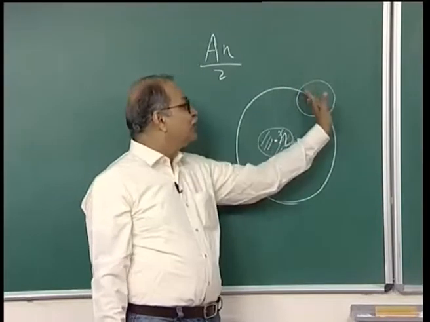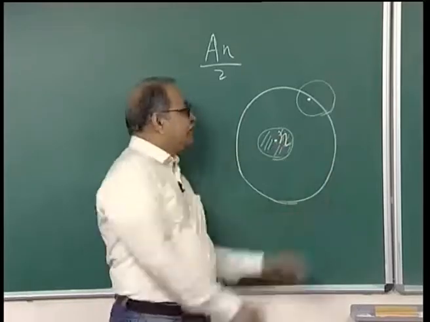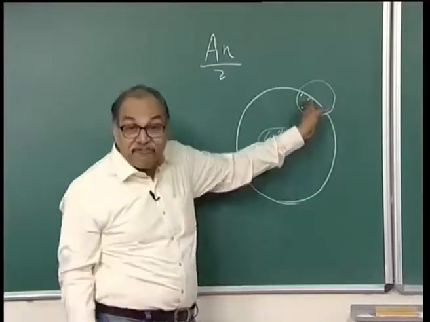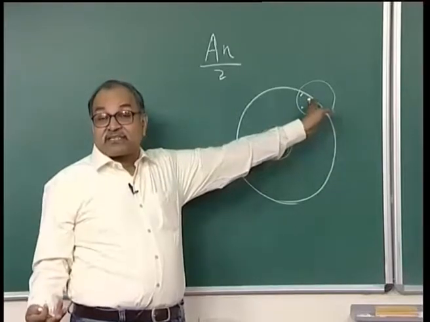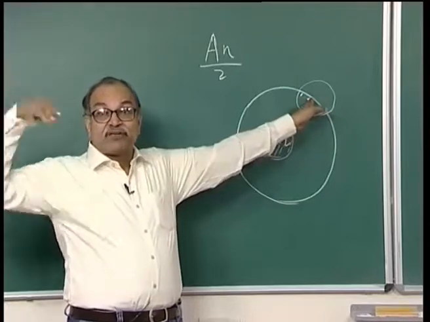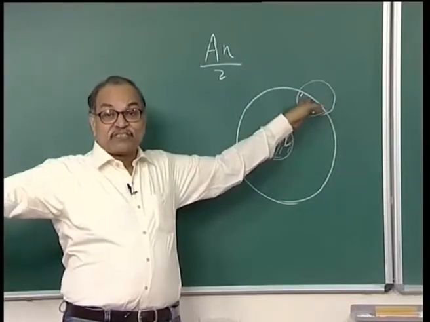So there are no nucleons here, it only finds nucleons here. So it does not have n pairs, it cannot form n pairs, because it is sitting at the surface. On one side there are no nucleons.